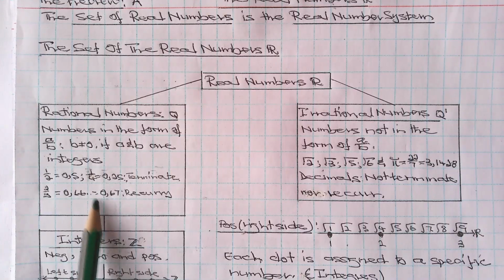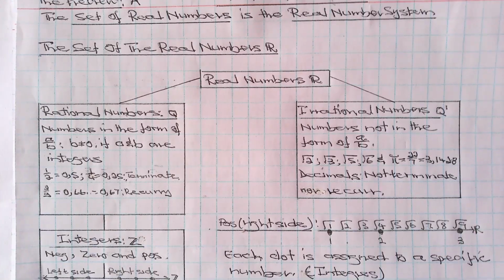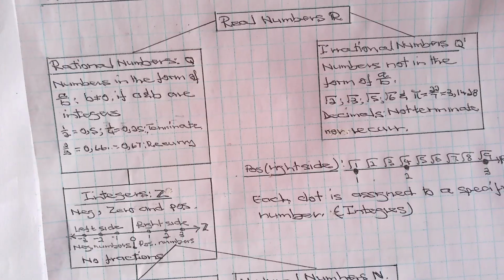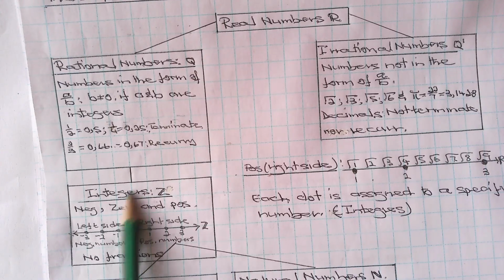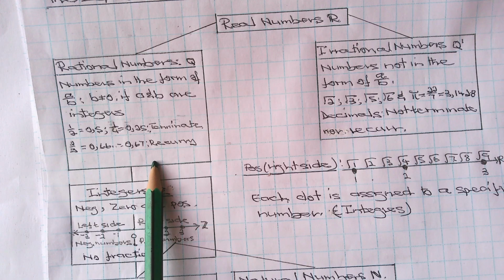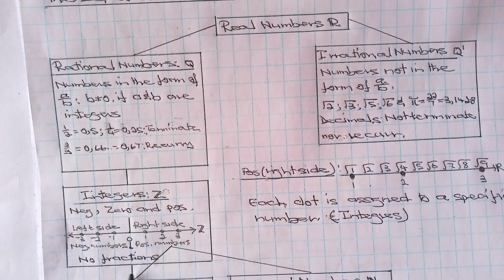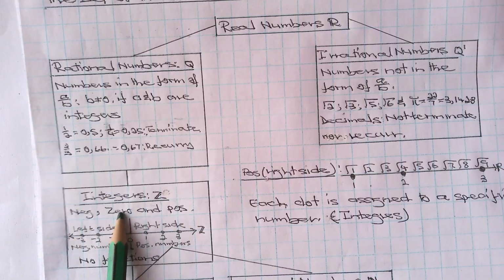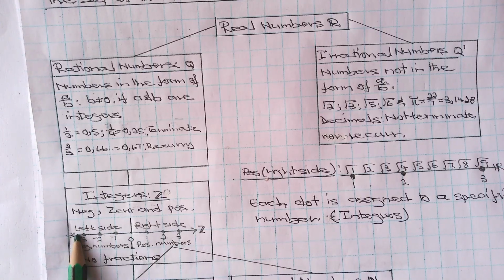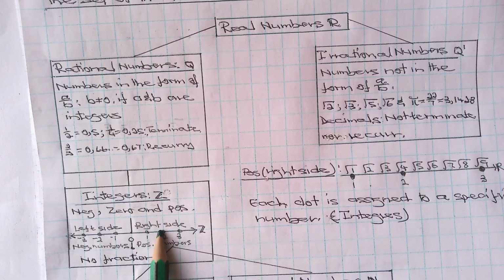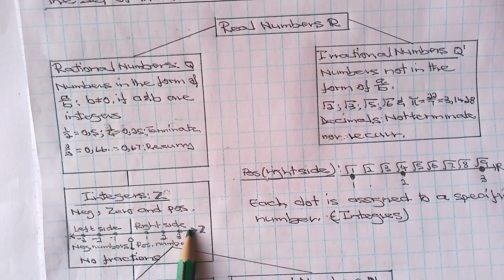Since the fractions are omitted when we deal with integers, the integers will be a subset of rational numbers. The negatives in the set of integers from the 0 mark will be on the left side, and the positive numbers will be on the right side.